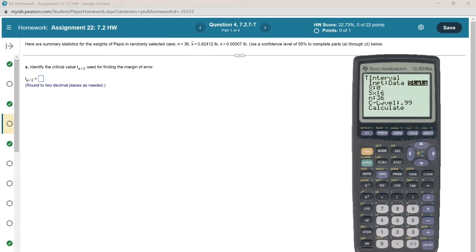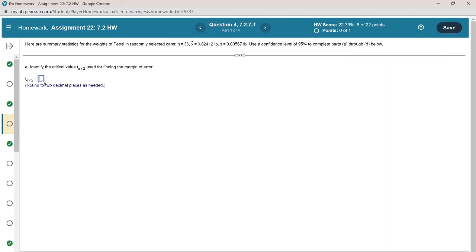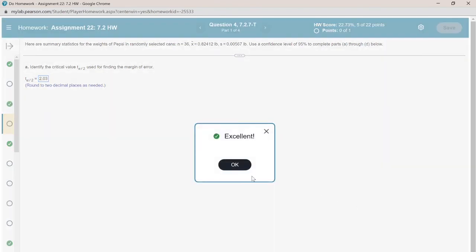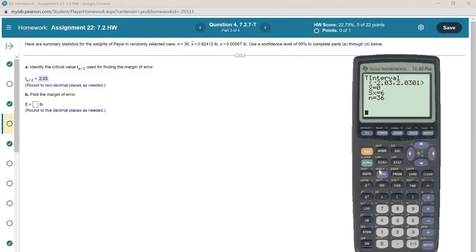By giving this value, it will give you the confidence interval, and that will help us find the t-value here. In this case the confidence level is 95%, so 0.95, and if I go down and calculate it, it gives me the confidence interval, and the upper value of that confidence interval would be our t-value, 2.03. So I just used a TI-83 calculator without having that command here.